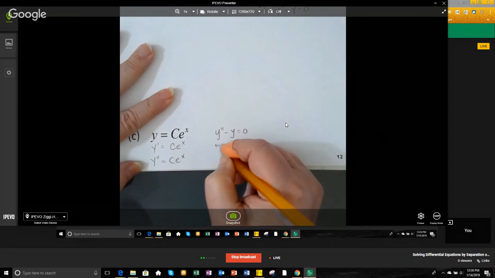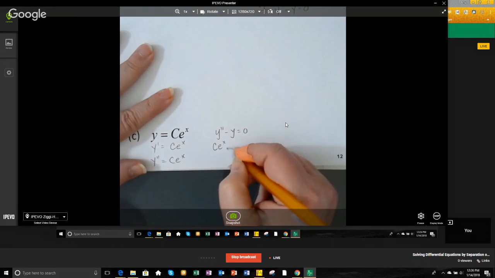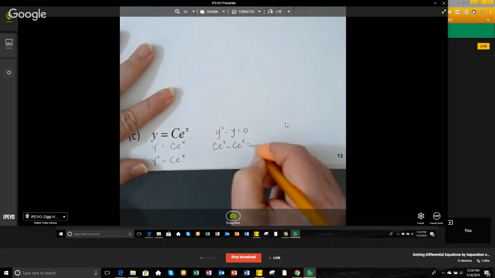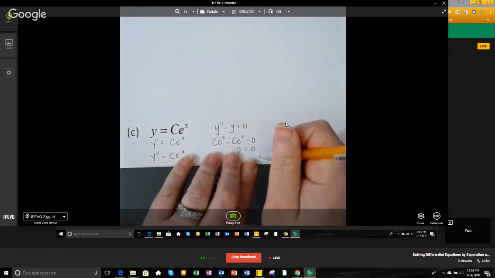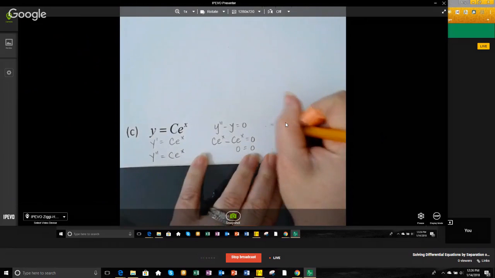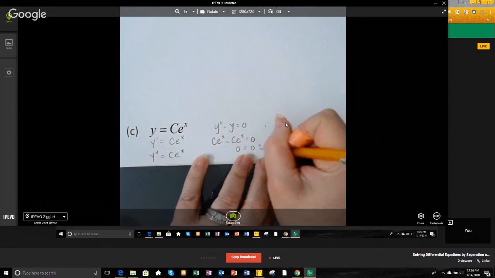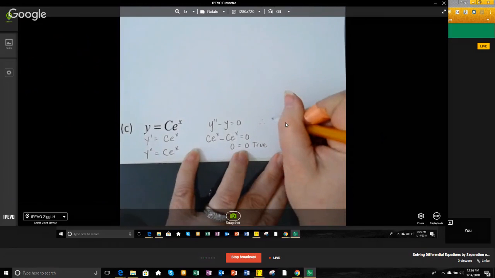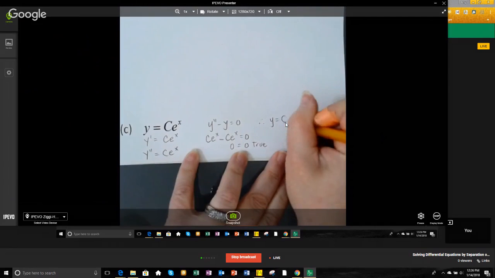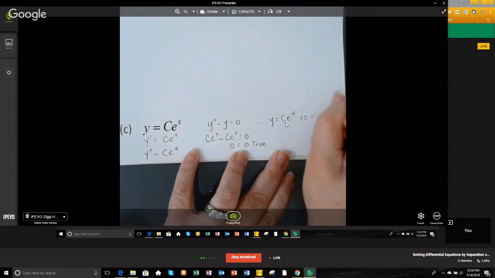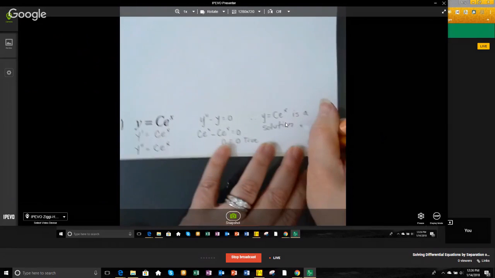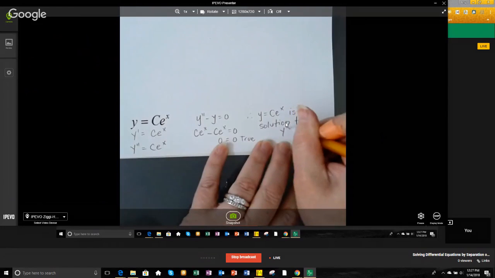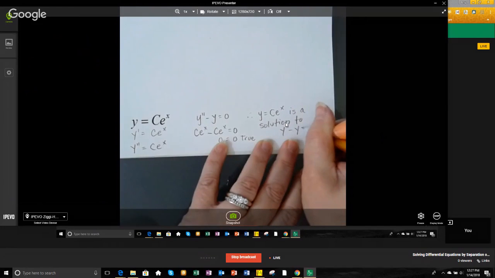So y double prime is c e to the x minus c e to the x equals 0. 0 equals 0. So we can say, therefore, this is true. Therefore, y equals c e to the x is a solution to y double prime minus y equals 0.